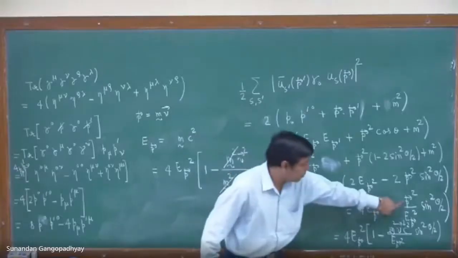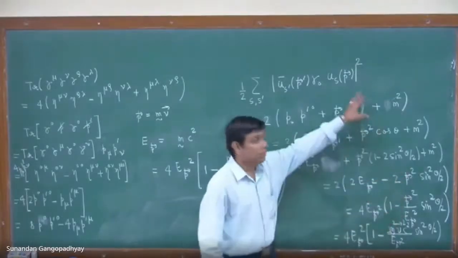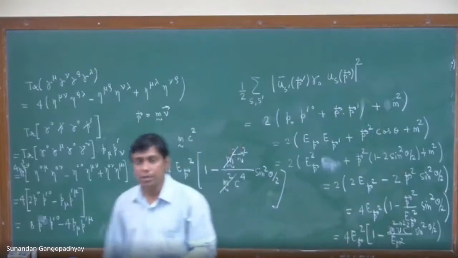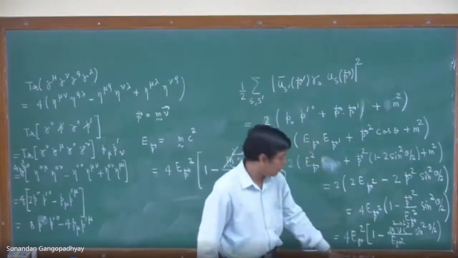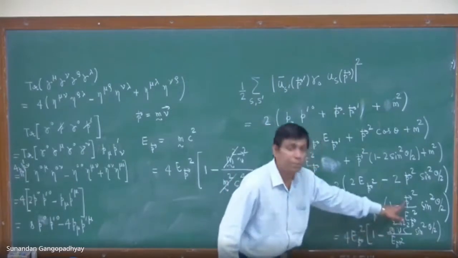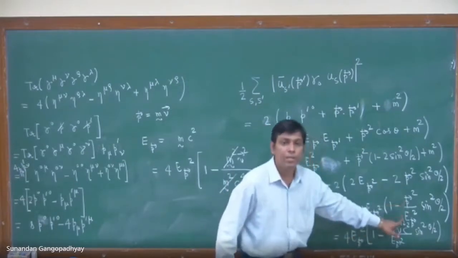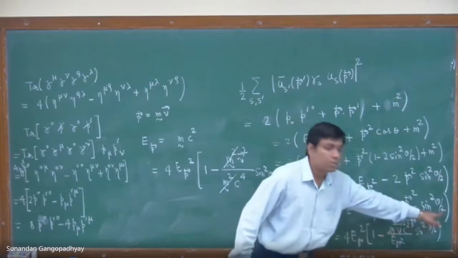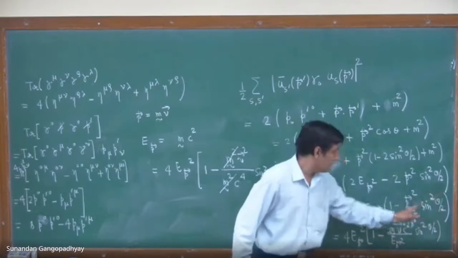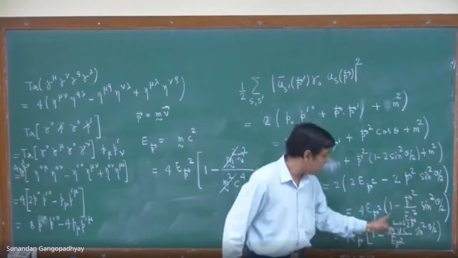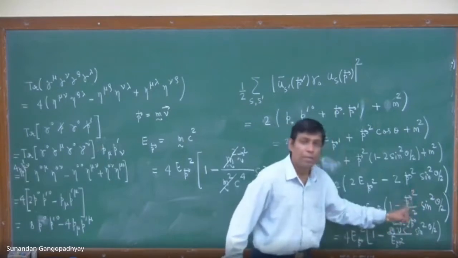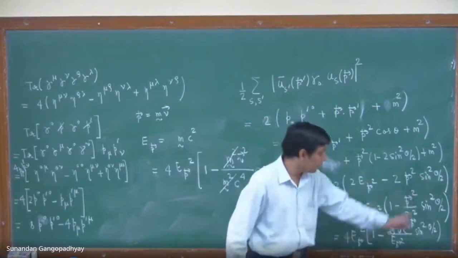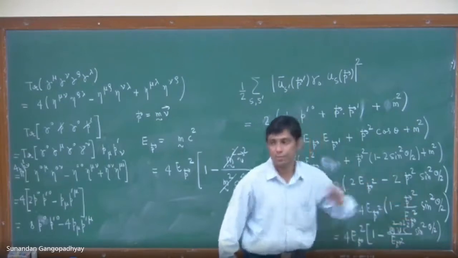The calculation has been done with c equal to 1, but this is a momentum p vector square, and this is E_p square. This is sine square theta by 2, which is dimensionless. This full thing must be dimensionless because you have a 1 here. The only way it can be dimensionless is to put a c square here.